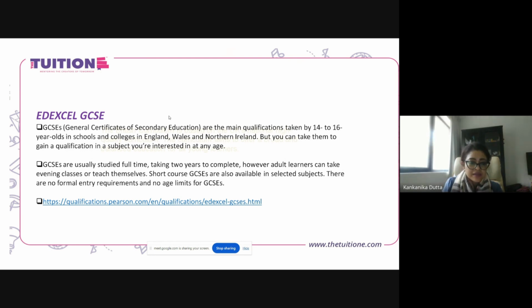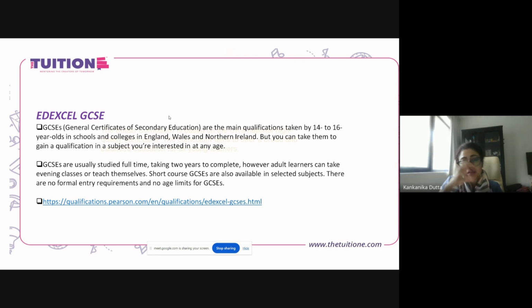If you want, I can send you the link to the DFE. You will see for each year it is mentioned: these are the words, these are the prefixes, these are the suffixes, this is the grammar, this is the phonics that you need to learn. It is detailed. It is maybe a 100 or 124 page document. If you go through it, you will understand.